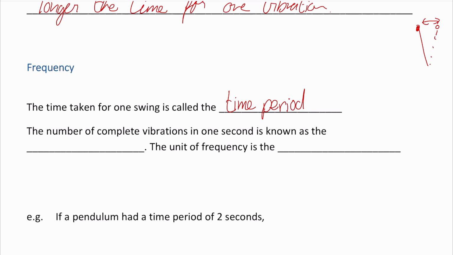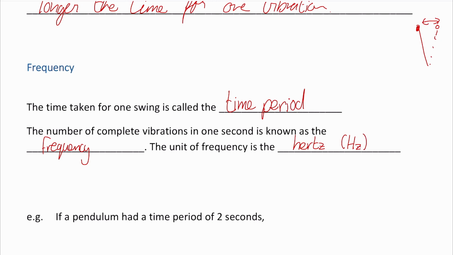As I said, we often refer to something called the frequency. It's similar to the word frequent, and that's how many vibrations there are in 1 second. Now, it's very simple to work out what the frequency of something is if you know the time period. The unit of frequency that we're going to use is called the hertz, which we shorten to a capital H and a small z.